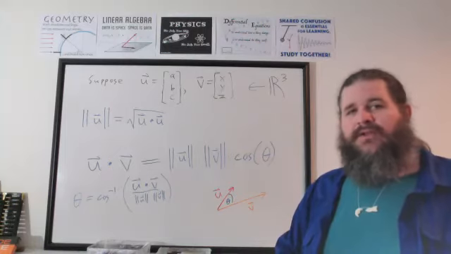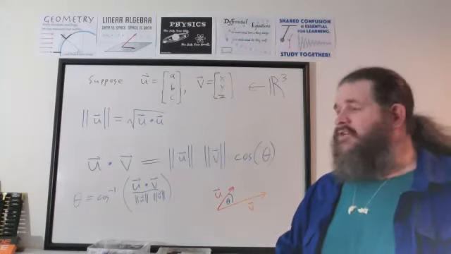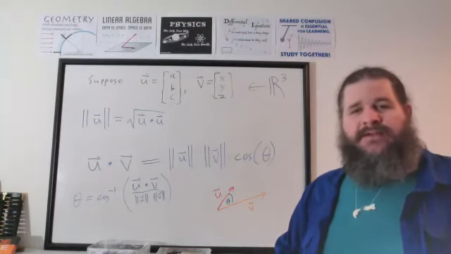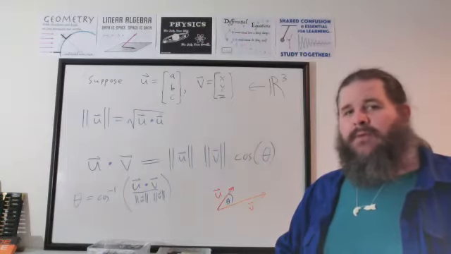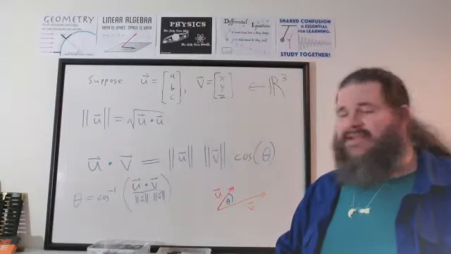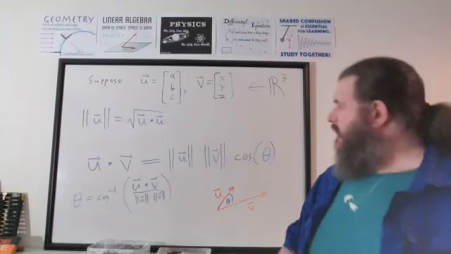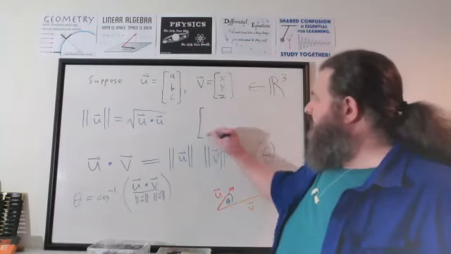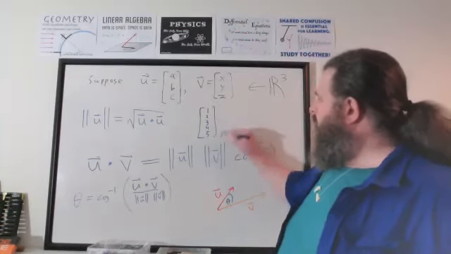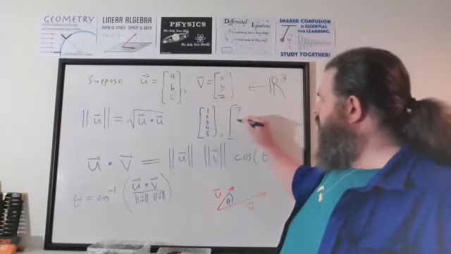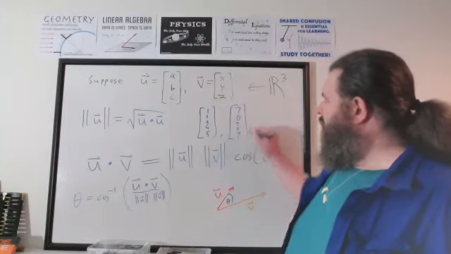So this is one of the very useful applications of this idea of dot product. You can use it to find the angle between two vectors if all you have is the components. And I want to emphasize this applies even if you're in more than 3 dimensions. Even if you've got 5x1 vectors, let's say 1, 2, 3, 4, 5, and 7, 0, 7, 0, 7.